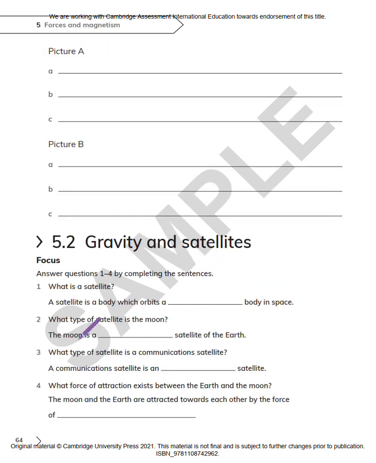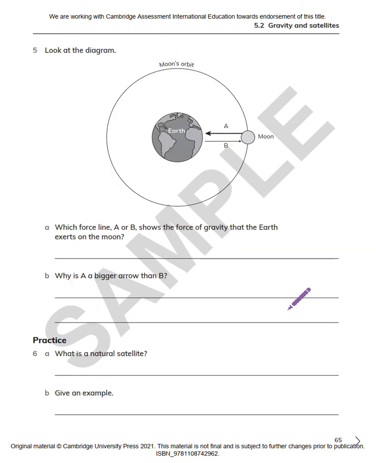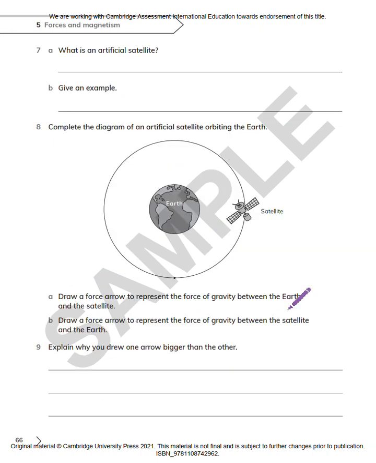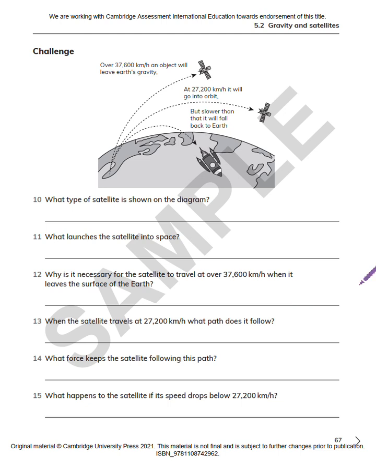That's what you see here, in the first question. So if it wants to be a satellite, then it needs to travel really fast at over 37,600 kilometers per hour.